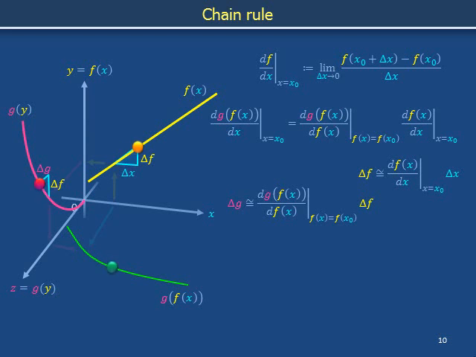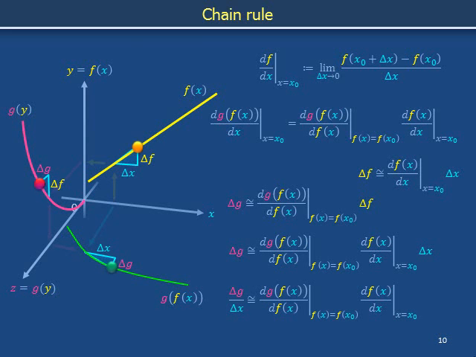Substitute here for delta f the expression from the preceding line to get delta g roughly equal to dg/df times df/dx times delta x. Dividing both sides by delta x, delta g divided by delta x is roughly dg/df times df/dx.